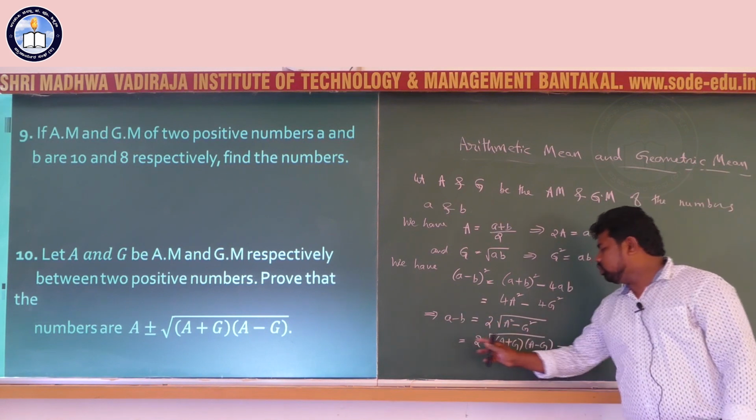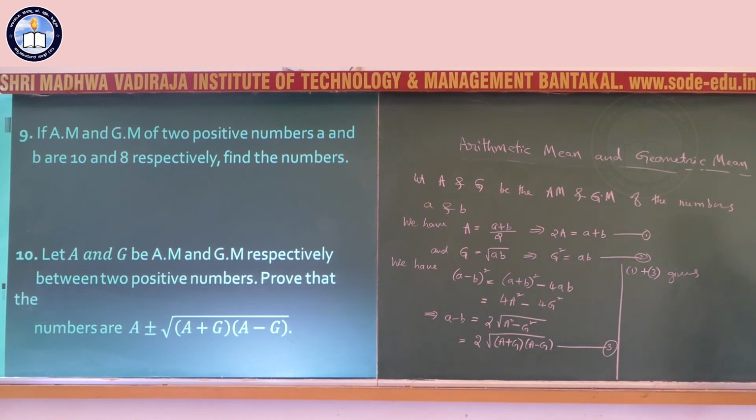Here a minus b equal to 2 into square root of A plus G into A minus G. Add these two, plus b and minus b cancel, 2a equal to 2A plus 2 times square root of A plus G into A minus G. It implies a equal to, here 2 common, cancel with these 2, A plus square root of A plus G into A minus G. That is one number. That is the required number.